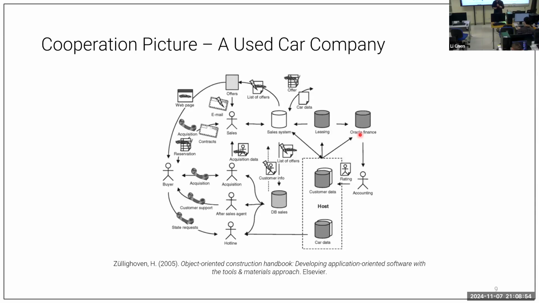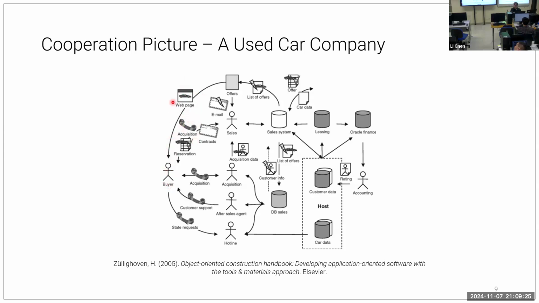Yes. So remember, it's about the information flows, right? For the VR application, if we develop it, then we have to do something related to this part. So this is the web page. The salesman can make an offer, and the offer can go through the web page and then reach the buyer, right?